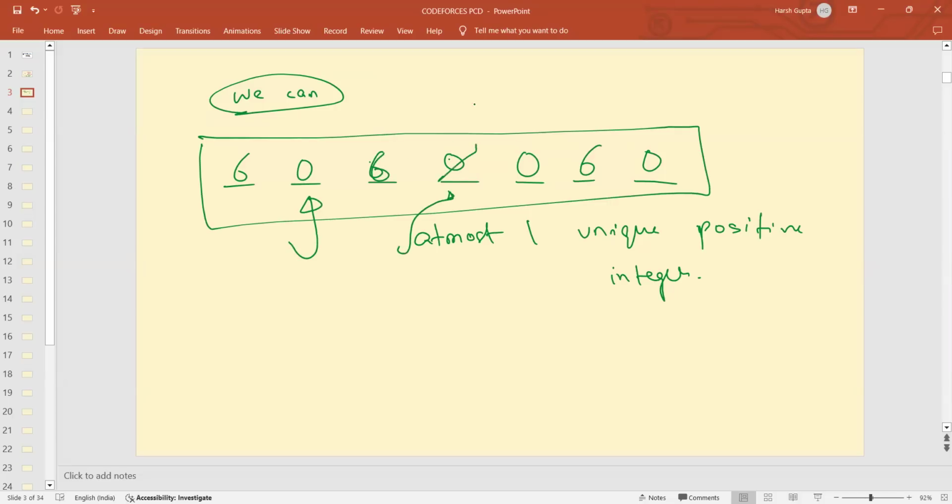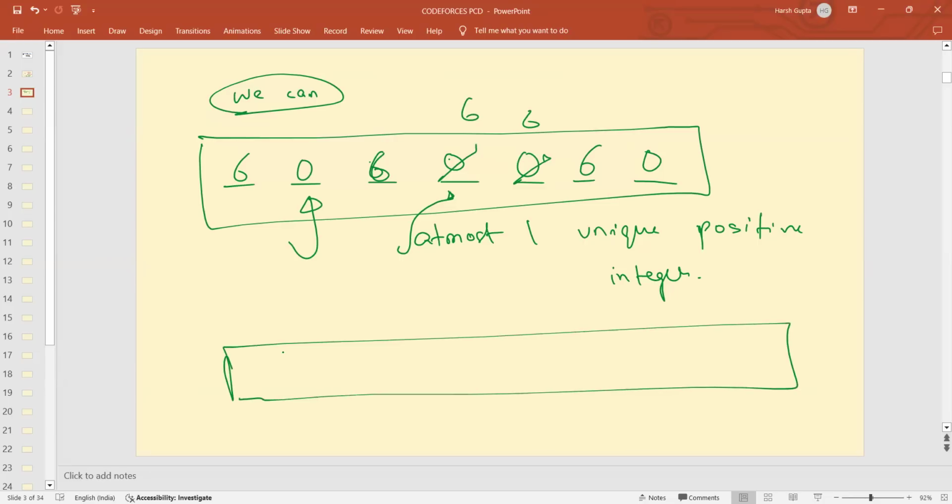Like 6 plus 0 will be replaced by 6, and so on. But if you have two distinct positive numbers in the array, like 1, 2, then at any cost, you can't make all the elements of the array equal. And what was the reason?